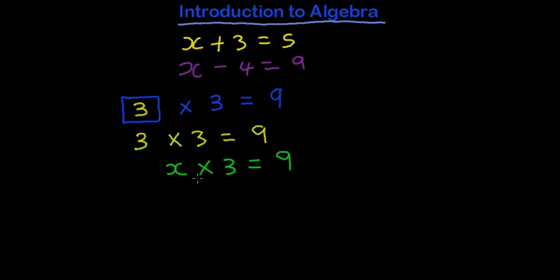In algebra, since the multiplication sign and x look similar, the figure is written together with x. So we have something like this: 3x.